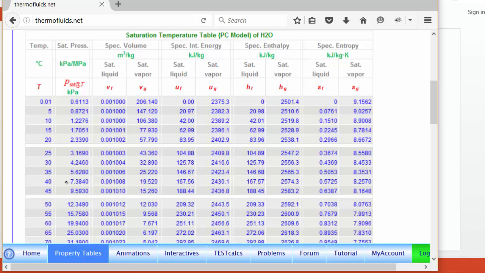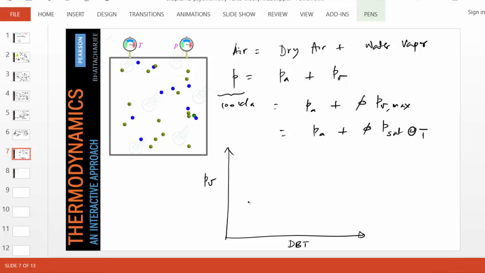From these, we can plot how the maximum vapor pressure changes as the temperature increases. So probably it will go something like this. Of course, recall that at 25 degrees Celsius, we calculated that the pressure is around 3.2 kPa. So this is essentially the line of 100% relative humidity, because any state on this line means the vapor pressure is PV max. So along this line, PV equals PV max.